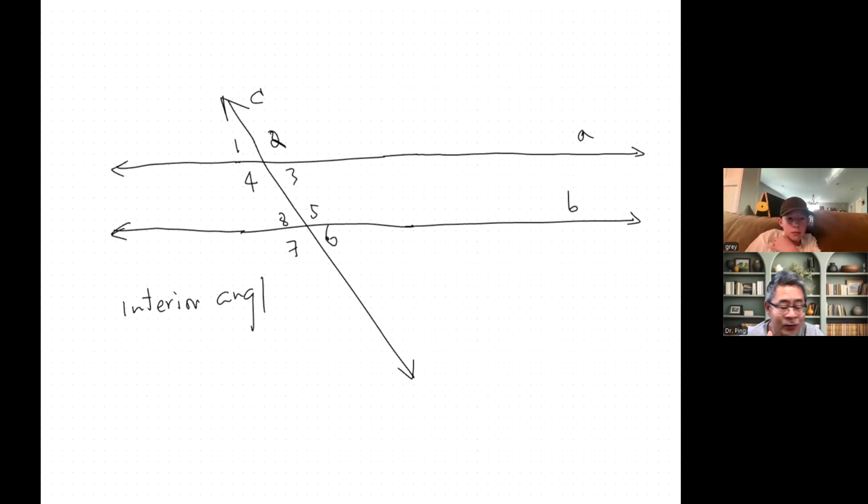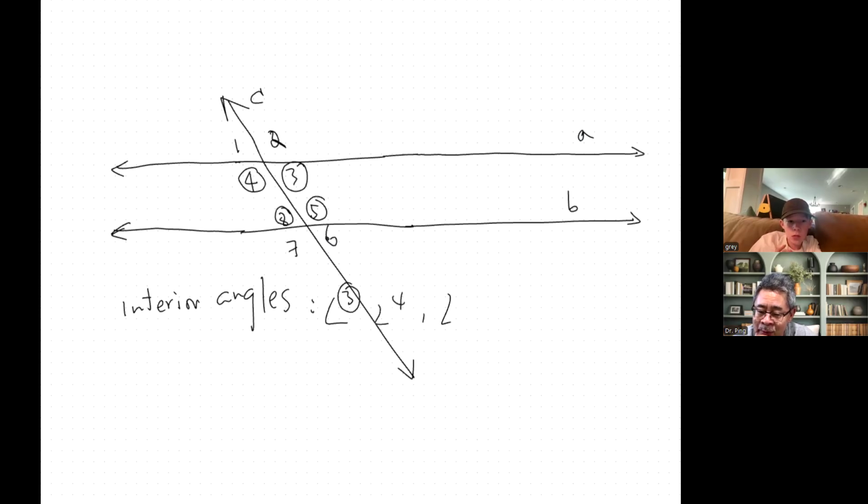Interior angles are all the angles between the two lines. So you can see in this case, angle 3, angle 4, angle 5, and angle 8 are interior angles. So 3, 4, 5, and 8.